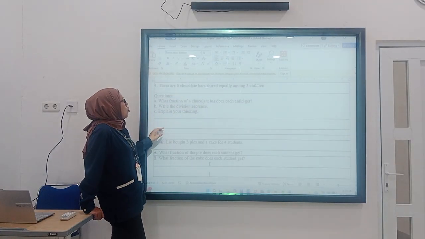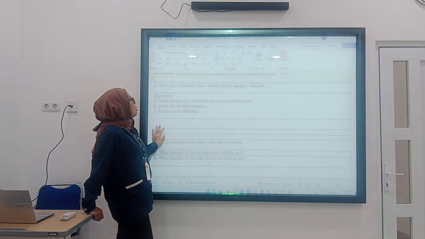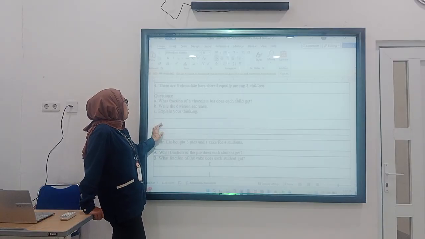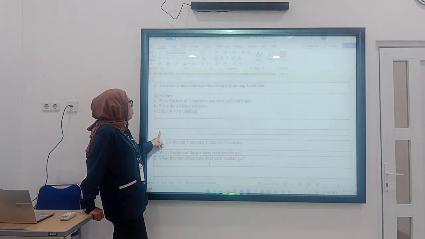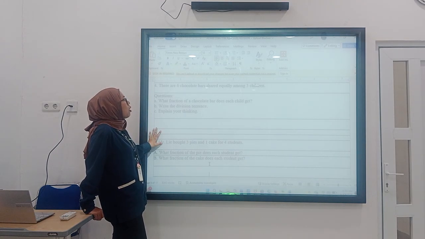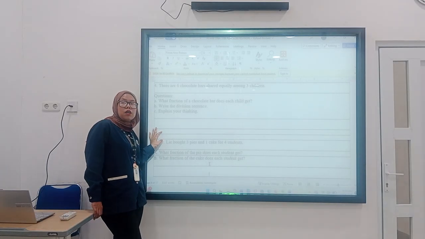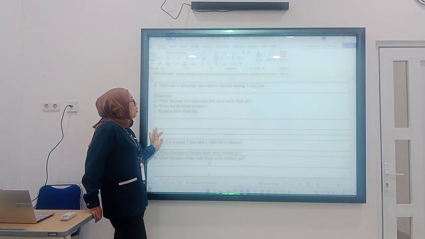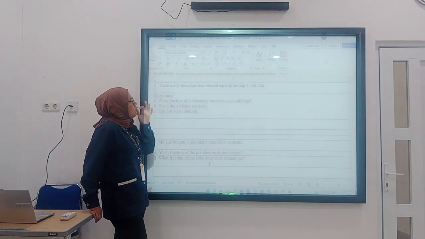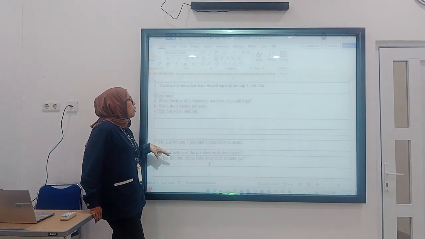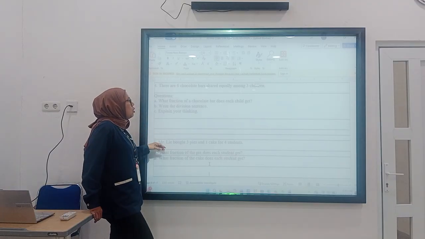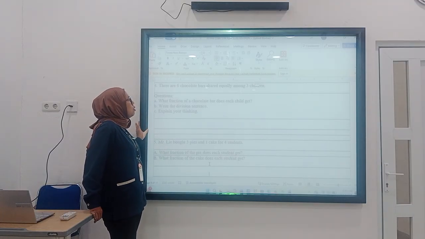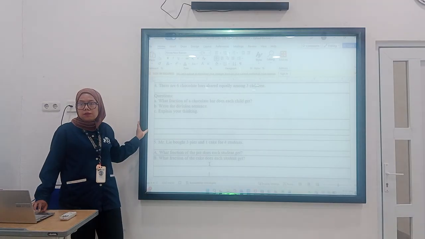The division is 6 divided by 3 equals 2. To explain, we divide the number of chocolates by the number of children, so 6 divided by 3 equals 2. So each child will get 2 bars of chocolate.